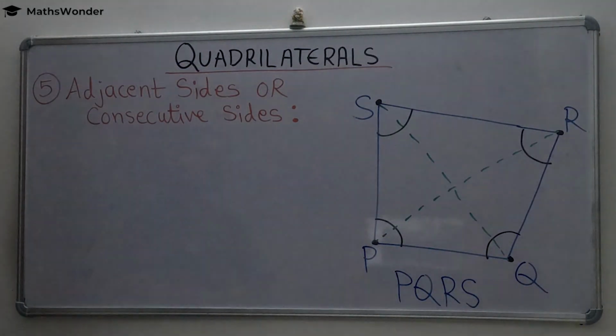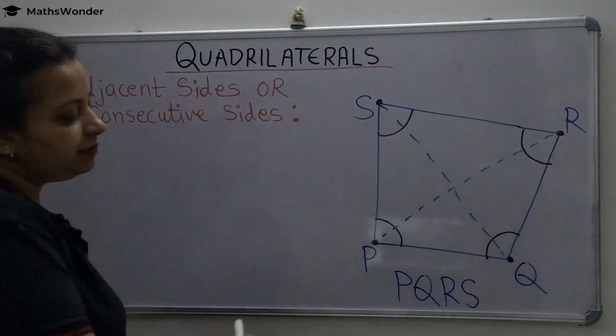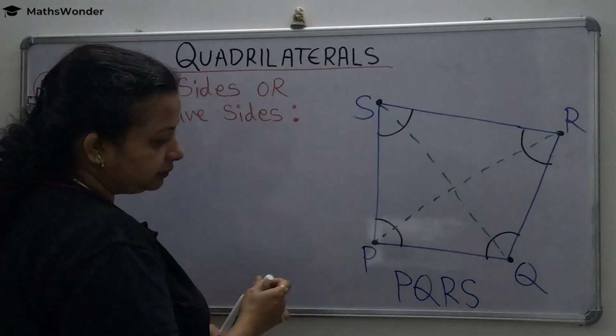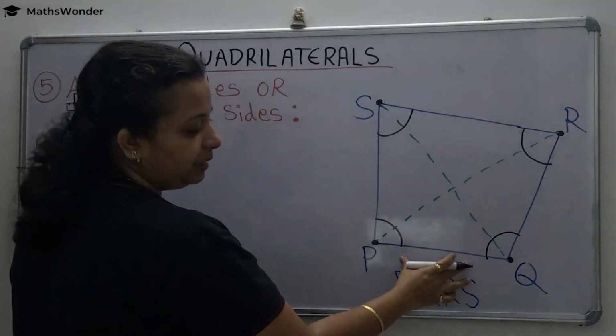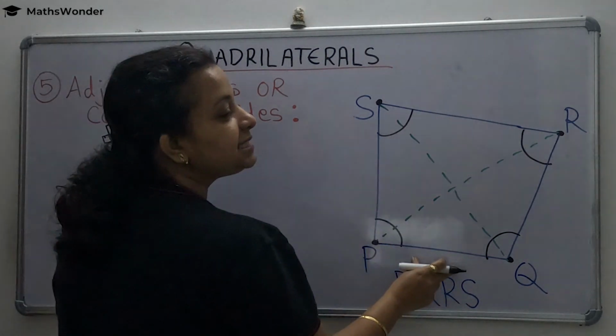So now the next element of the quadrilateral is adjacent sides or consecutive sides. What is this? 2 sides of a quadrilateral having a common end point are called adjacent sides. Now this is the common point. See this P. The vertex P is common for which 2 sides? PQ and PS. So these 2 sides are adjacent sides.